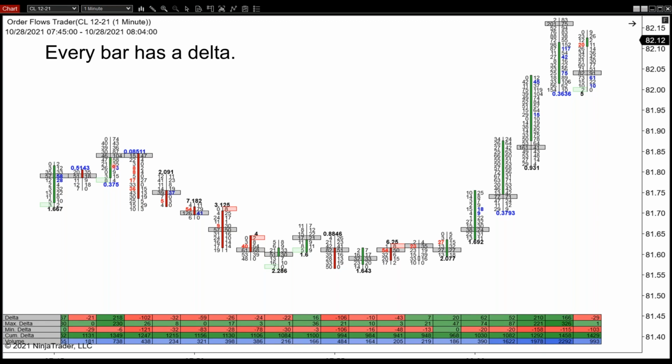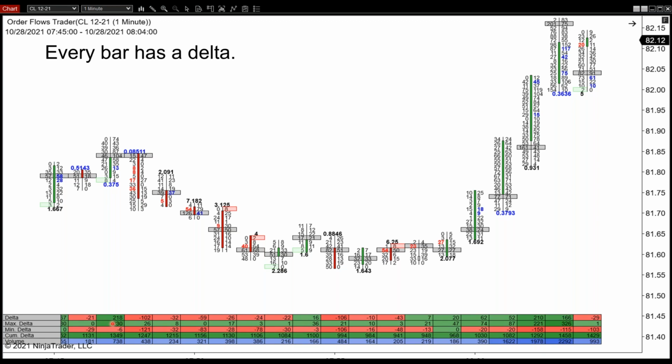It's just telling you in this bar, the strongest aggressive buying was 230 contracts positive, and min delta is the opposite. Okay, so you see -6 in the same bar. So it's telling you the most negative selling in this bar was -6, so 6 contracts. So over the course of the bar, most of the trading that was happening was on the offer side, meaning aggressive buyers trading in the market.